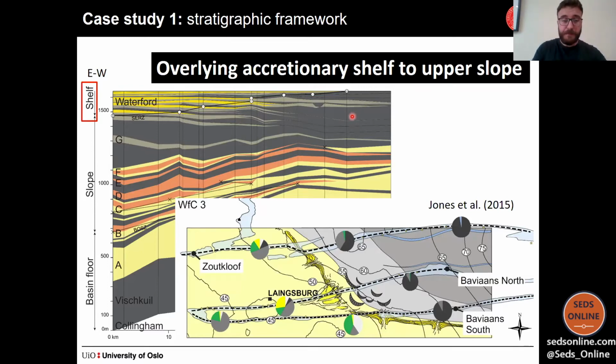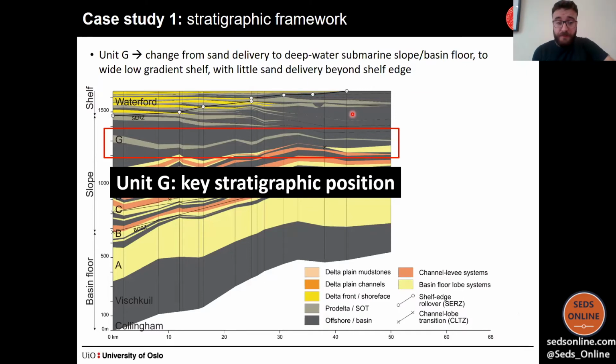Right. So in between these two parts of the succession, we have unit G. And this unit G is a very interesting unit that received limited attention. It's a thin-bedded dominated unit, and the outcrops are not very nice. It was used as a top datum by the studies of the underlying stratigraphy and as a bottom datum for the studies of the overlying stratigraphy.